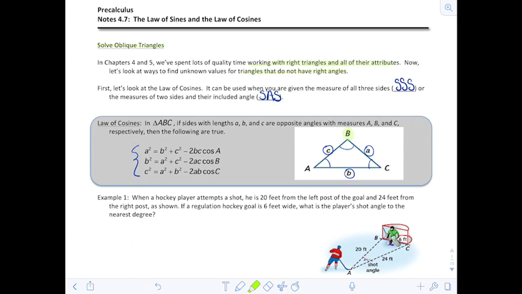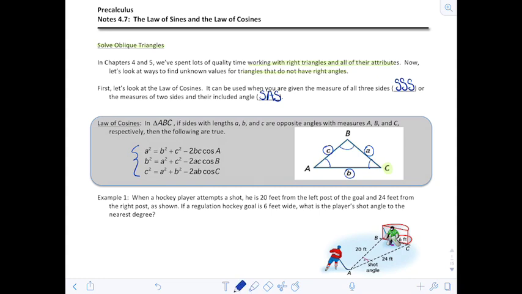So it's the same pattern once again. And then if C was the focus angle here, we would have side c squared equal to the sum of the other two sides squared minus 2 times a times b times the cosine of C. So really, it's not a matter of the a's, b's, and c's and memorizing that. It's just the pattern that we need to see.